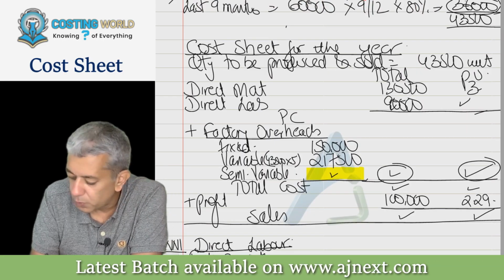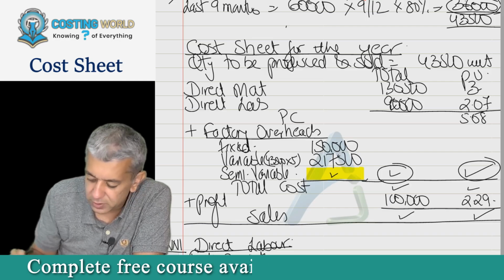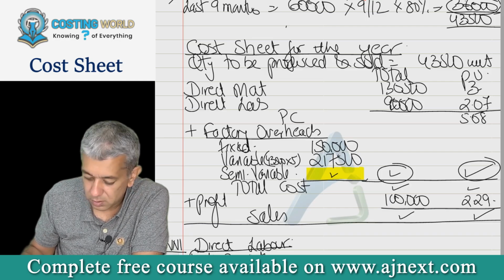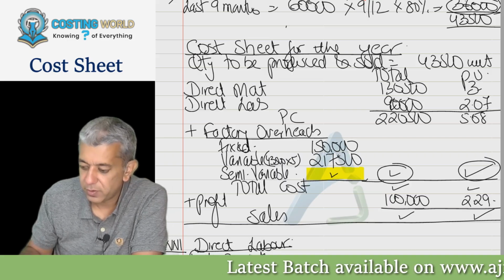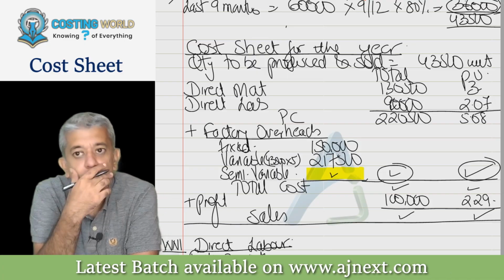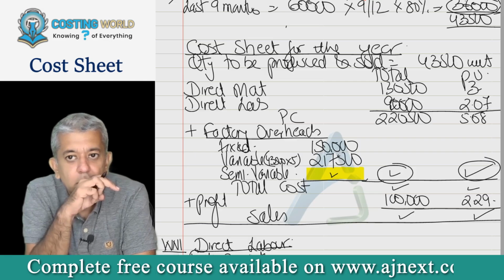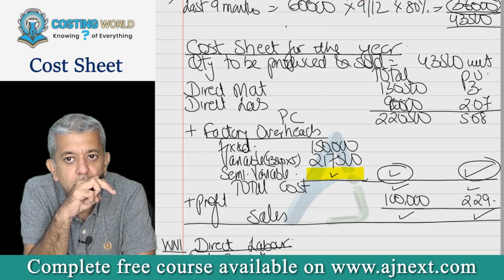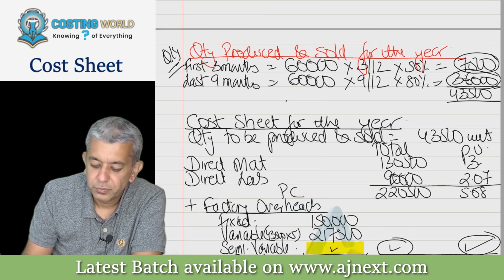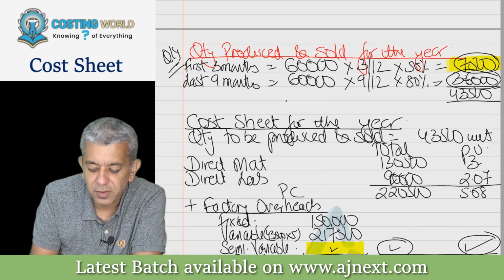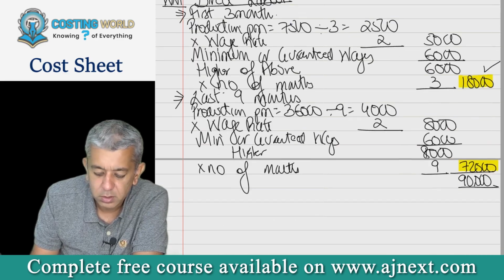So therefore it will become 2.07. 220,500. $7,500 comes from here, 36,000 comes from here. This is a production. I'm talking of the production only, but per month.